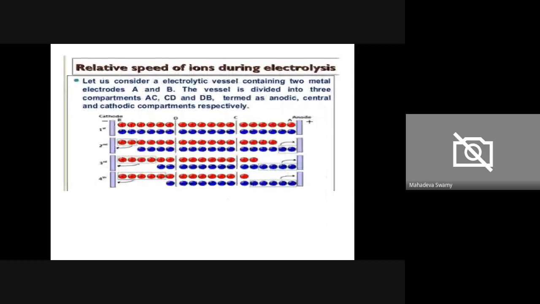Thus the transport numbers of Ag plus and NO3 minus in the standard solution of AgNO3 can be calculated. So this is the relative speed of ions during electrolysis. Once again, this is the representation of the movement or mobility of ions in the cathode and anode compartments.